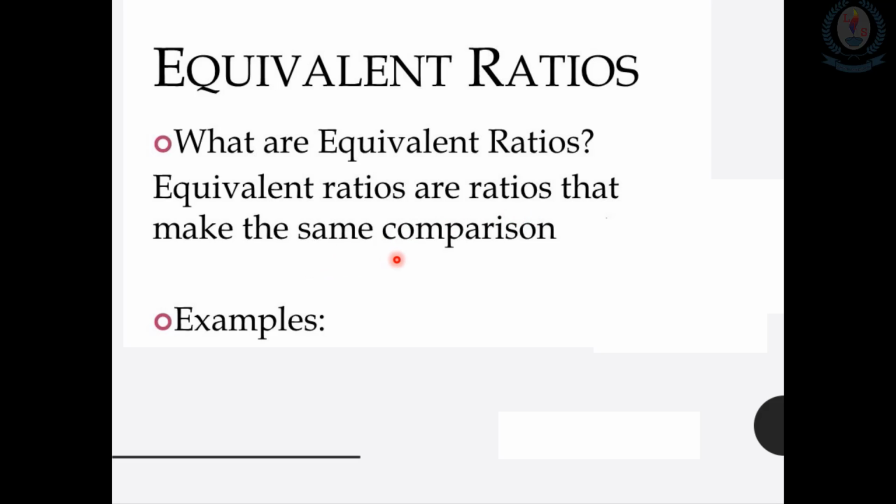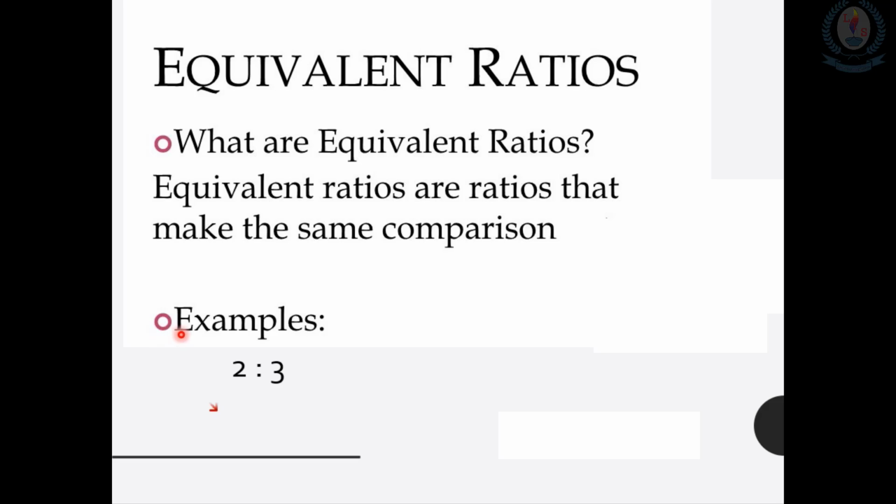So here I've taken an example to find an equivalent ratio using multiplication. We are given a ratio of 2 to 3. The first term of the ratio is 2 and the second term of the ratio is 3. So, what do you like? Shall I select the 5 times table?